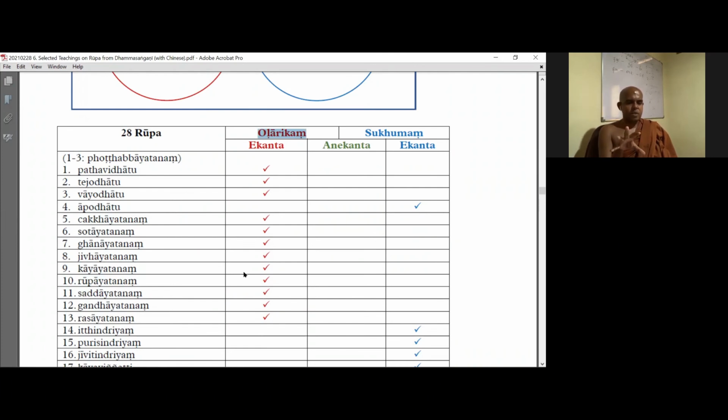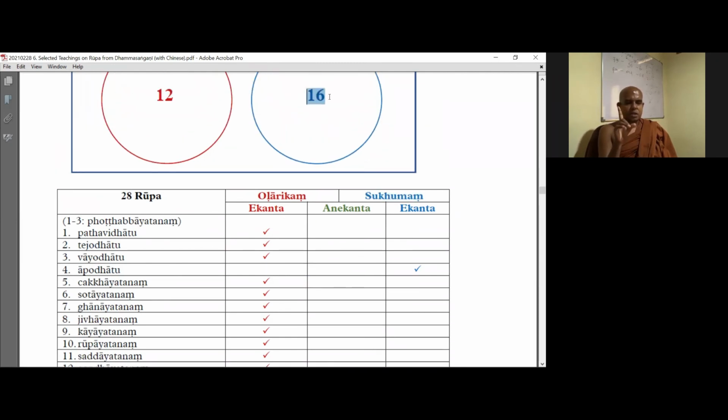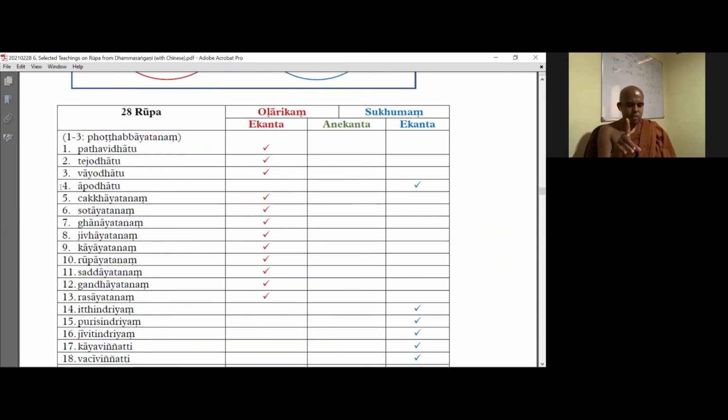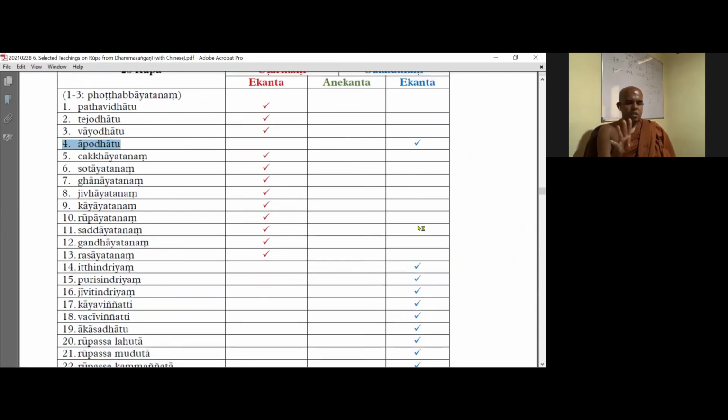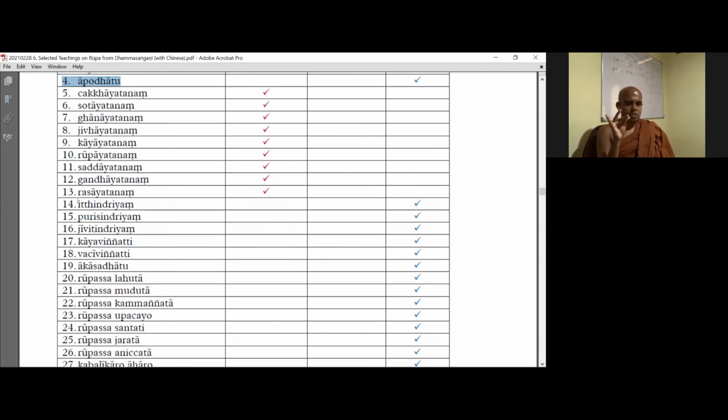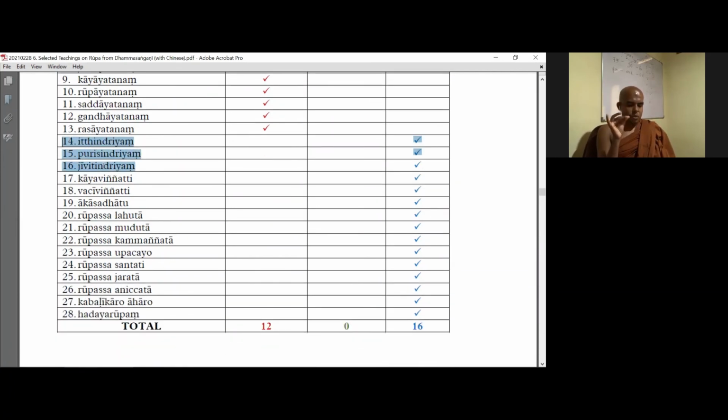Those 12 rupa are called Olarika, gross. The Sukhuma, the subtle, are 16 rupa: Apo Dhatu from the Mahabhuta; the three faculties, Itthindriya, Purisindriya, Jivitindriya; the two vinyatti; Akasa Dhatu; the three changing rupa; the lakkhana rupa; the heart base; and Kabalinkara Ahara.